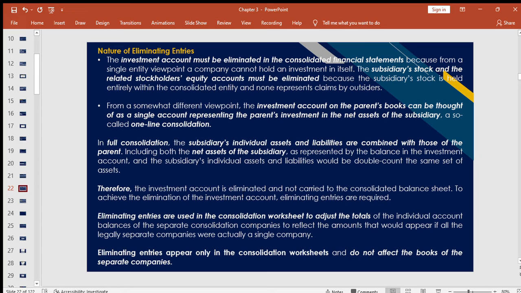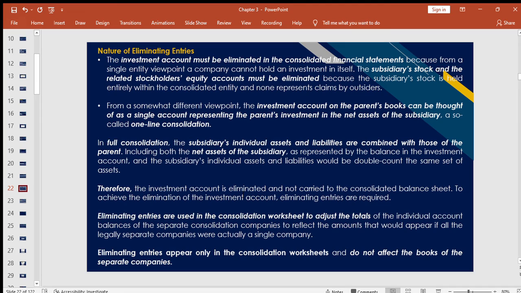As previously discussed in our consolidated financial statements, the investment in subsidiary account will be totally eliminated. Eliminating entries are used in the consolidation worksheet to adjust the totals of the individual account balances of the separate consolidating companies to reflect the amounts that would appear if all the legally separate companies were actually a single company.